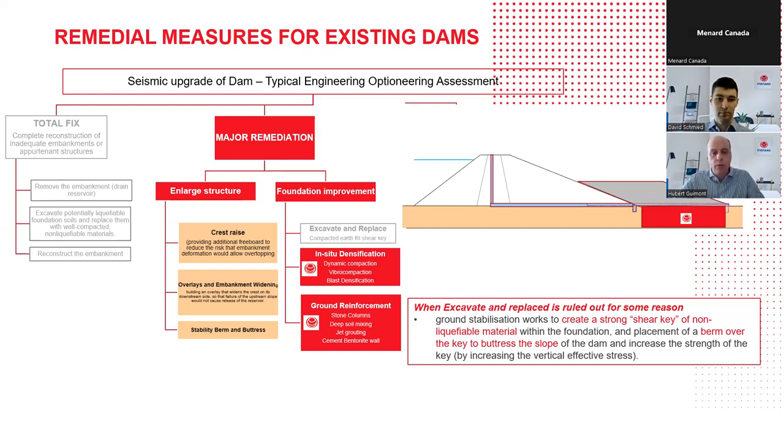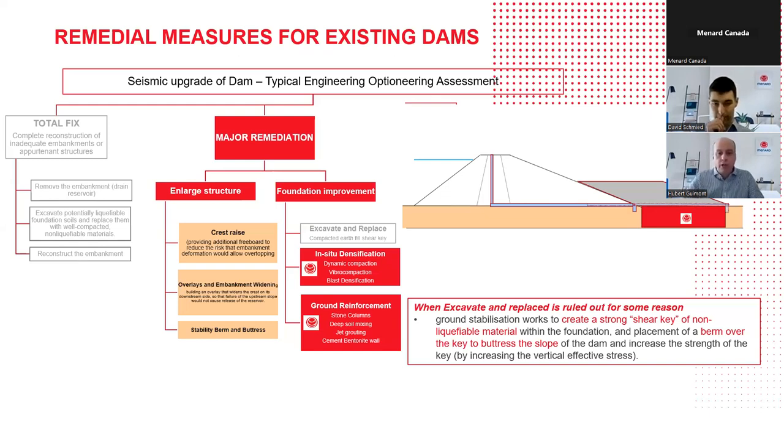Ground reinforcement implies that we need to incorporate granular material or cementitious material into the soil mass and create a mass treatment at the toe berm foundation. These techniques are, for example, stone columns, deep soil mixing, jet grouting, or cement bentonite walls.